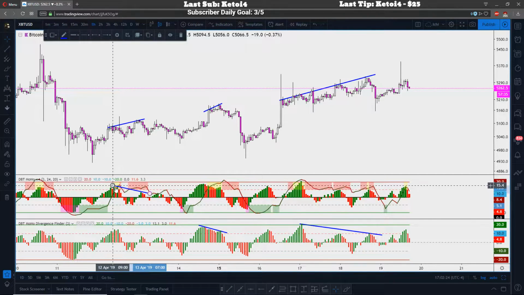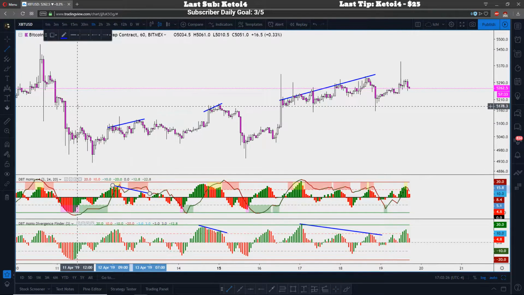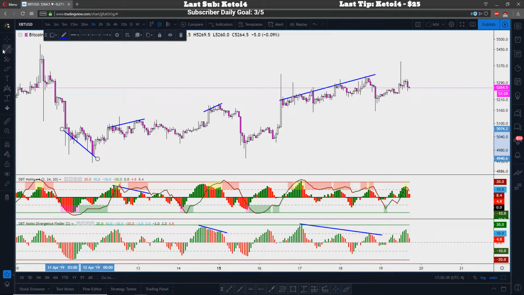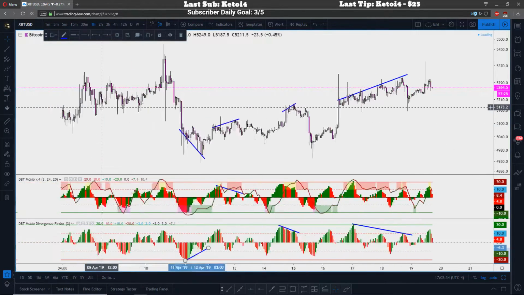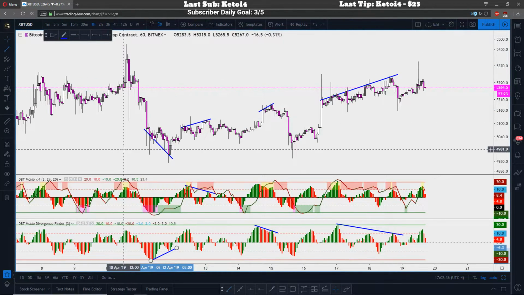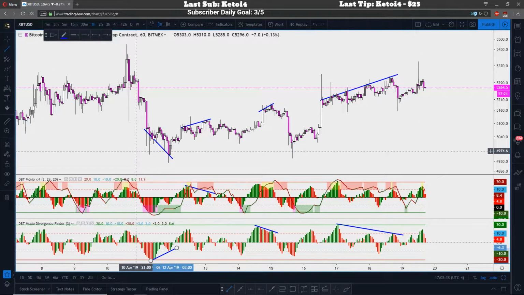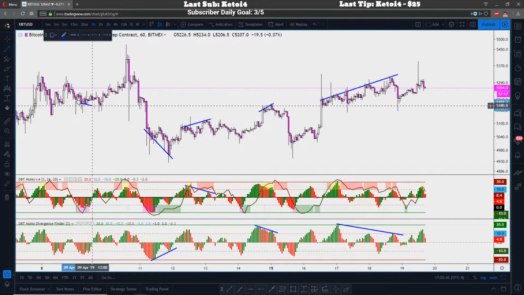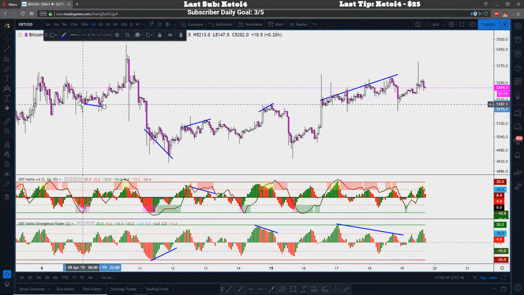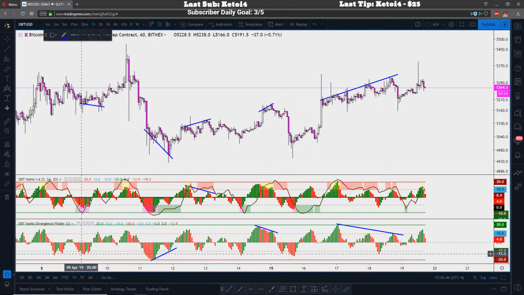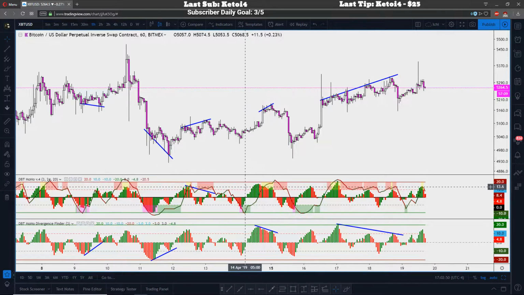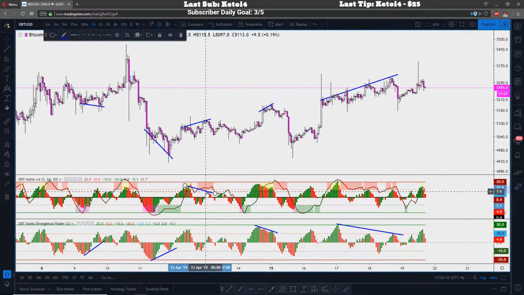It gives you like 7 different divergences in just this small little time frame. I think you have more back here as well. Yeah, you have one here as well. As you can see, it gives you very clear divergence patterns with the histogram.